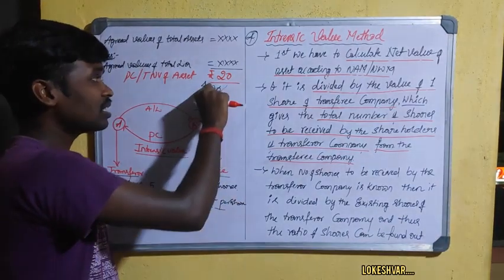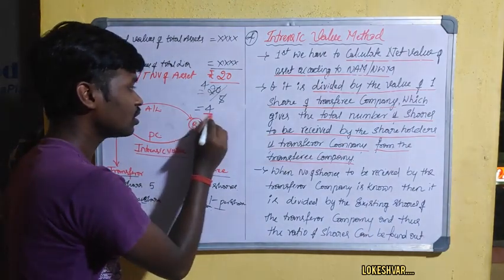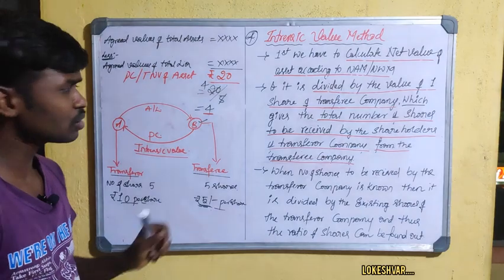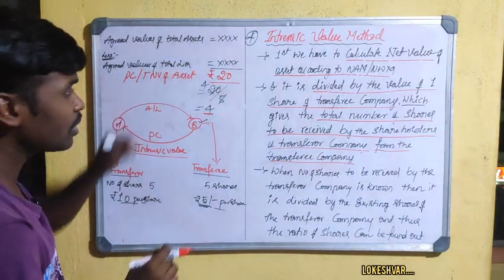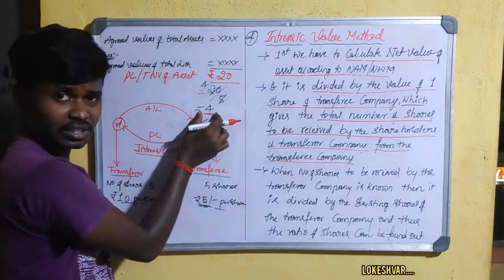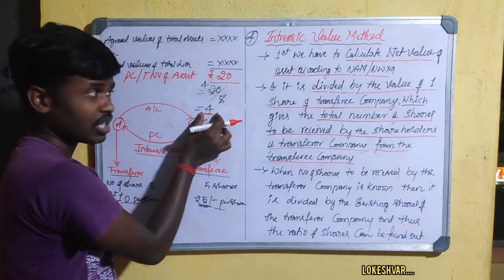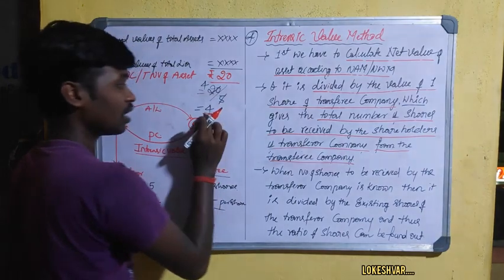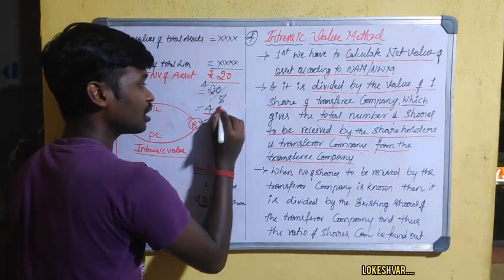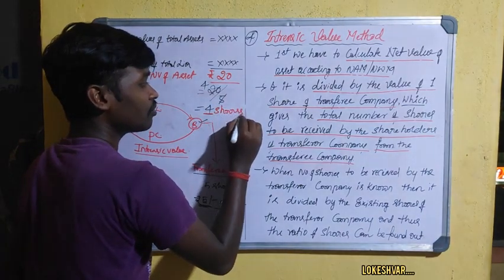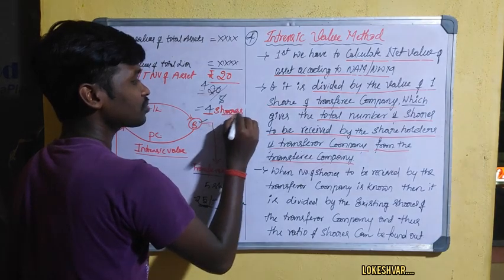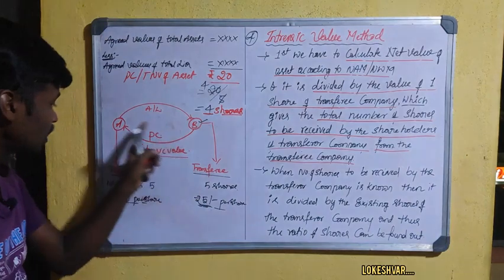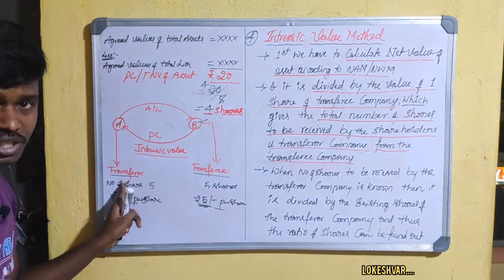So after this calculation you will get this 4. What is this 4? This calculation is helpful to calculate the number of shares. This 4 is nothing but the number of shares paid by the transferee company to the transferor company shareholders.